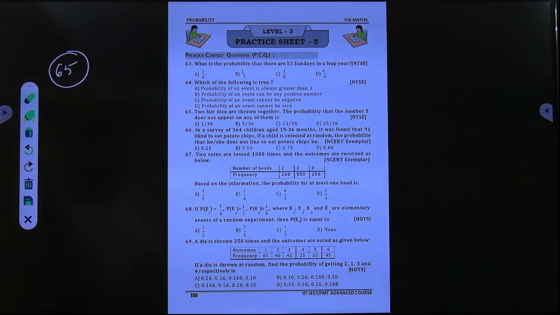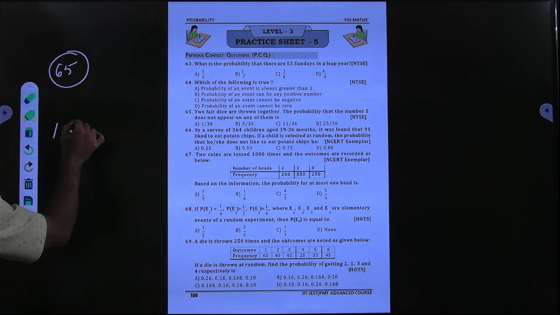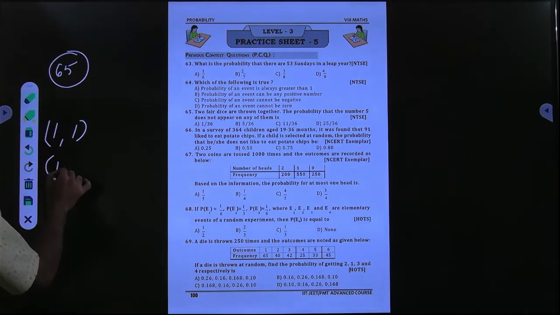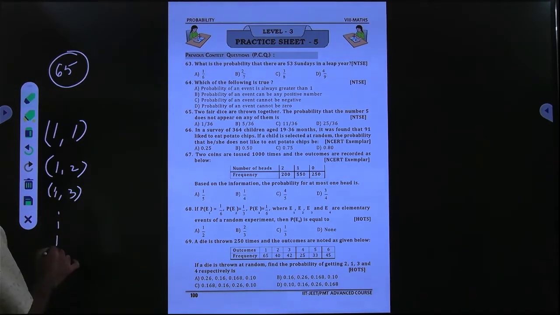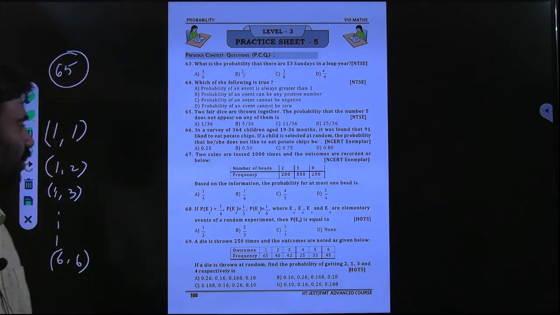What are the 36 actually? (1,1), (1,2), (1,3), and so on, up to (6,6). Like this we will get them. Out of these 36, which are favorable and which are not?